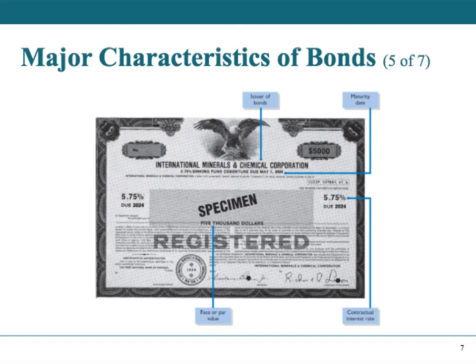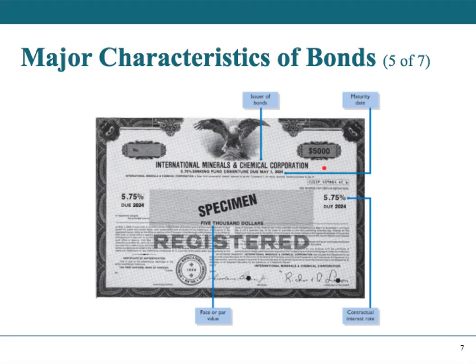Okay, so that's the certificate I was talking about, and you can see in the middle, it's usually face or par value, right? We have the name of the bond issuer right here. Here's your maturity date. You can see debenture due May 1st, 2054, hard to read.